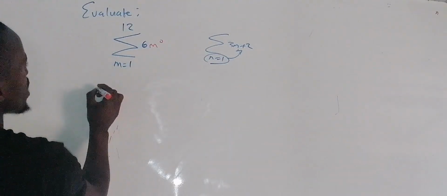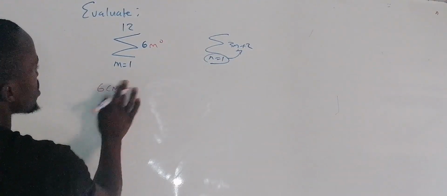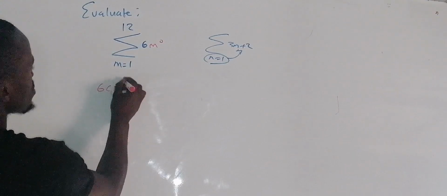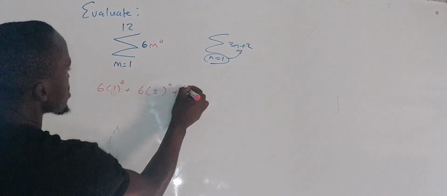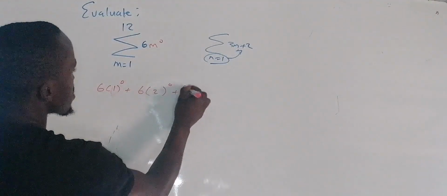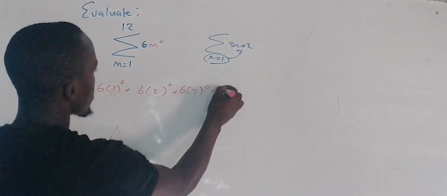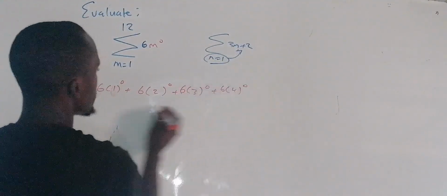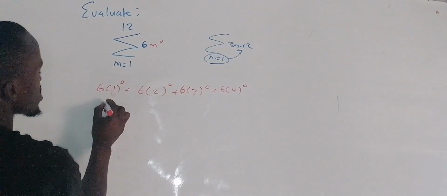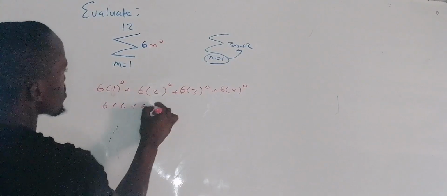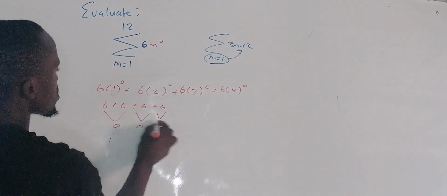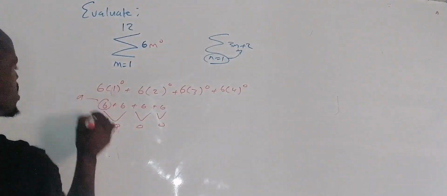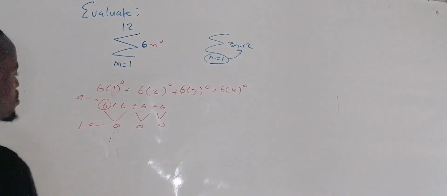So here it will be 6n, we know that n is 1 to the power 0 plus 6, 2 to the power 0 plus 6, 3 to the power 0 plus 6, 4 to the power 0. Then you know that the sequence, the series is 6 plus 6 plus 6 plus 6, right? Therefore, 0, 0, 0. Then this is our A, and this is our D.